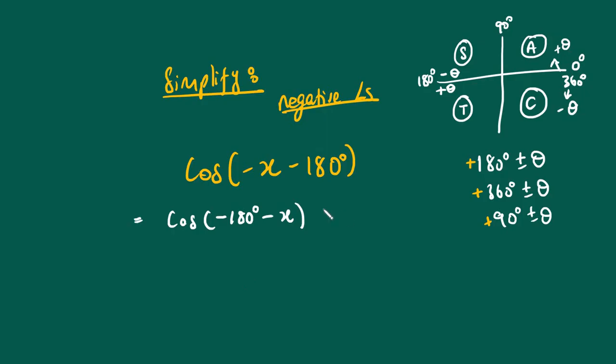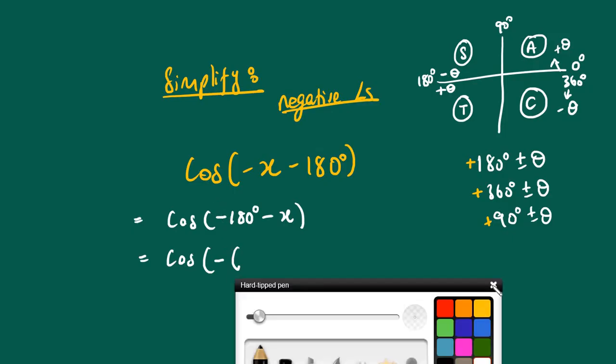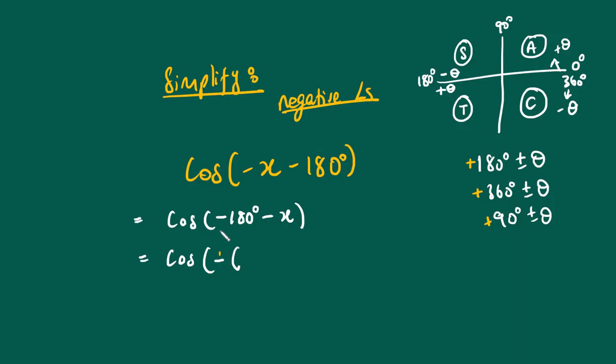Good. The next thing you do is write cos. I want you to write a negative outside, so you're gonna write a negative here. Then you open another bracket. In that bracket, what are you gonna write? You simply say, what is negative times negative? Now we are taking you back to grade 8.